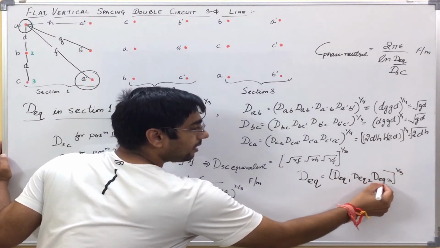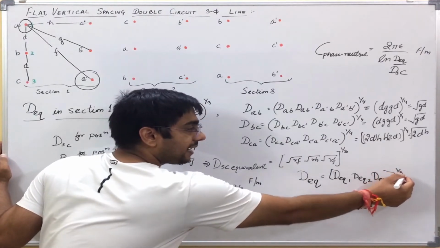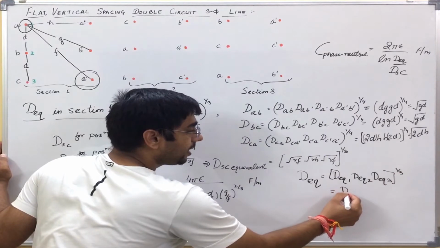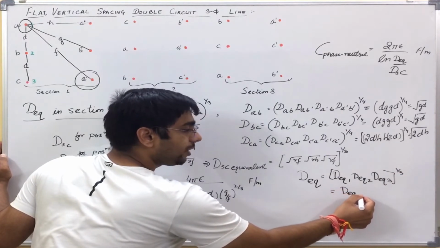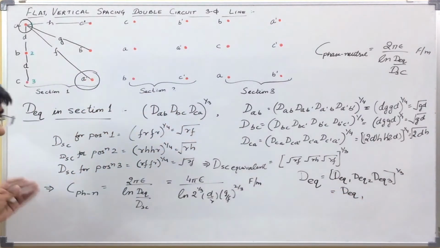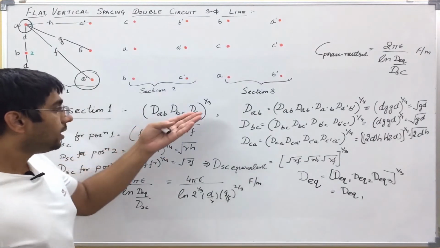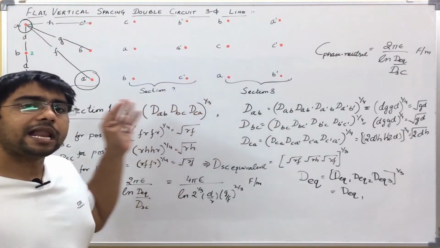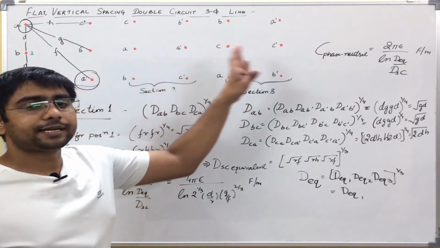Since these are equal, the power of 3 will get cancelled and it will give me only D equivalent 1. Okay. So it is not required to calculate D equivalent for all the sections.